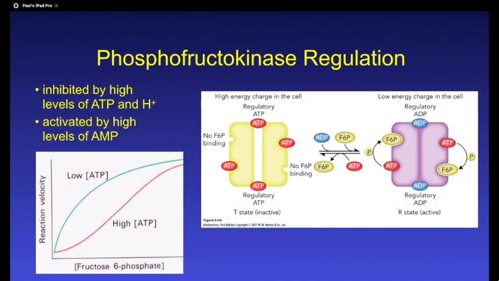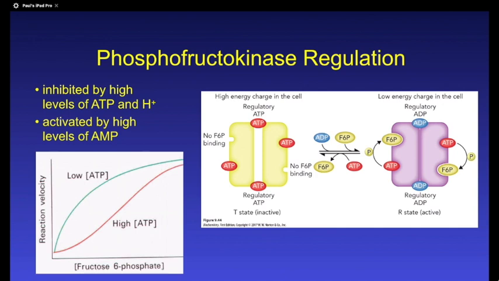All right, if I look at the activity of the enzyme based upon the concentration of the substrate or the reactant, as I increase the reactant, the velocity of the reaction goes faster. If by chance I have low concentrations of ATP, I go faster, making more glucose break down through glycolysis. If I have high ATP, it tends to slow the reaction down.